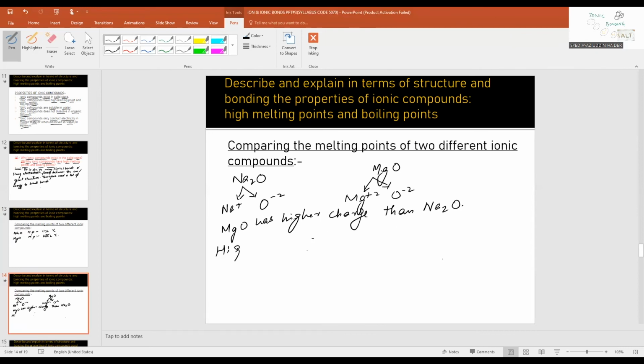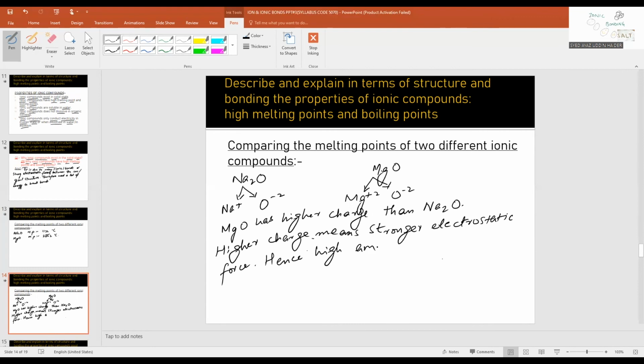Higher charge means stronger electrostatic force, and hence a high amount of energy is required to break down the force.